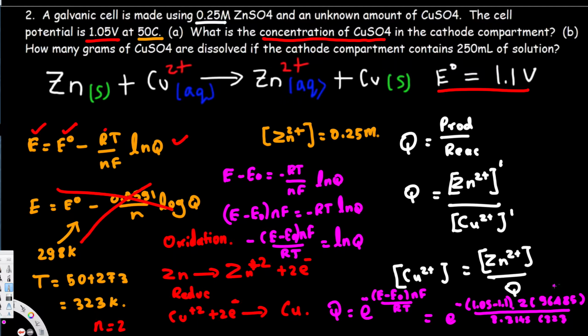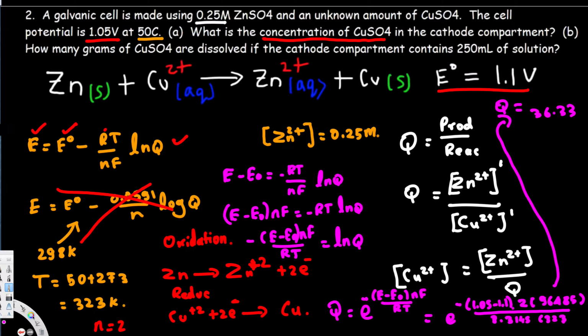And if you plug this in the calculator, you should get 36.33. Now we have the Q value. Q is equal to 36.33. Now we can solve for this Cu2 plus.